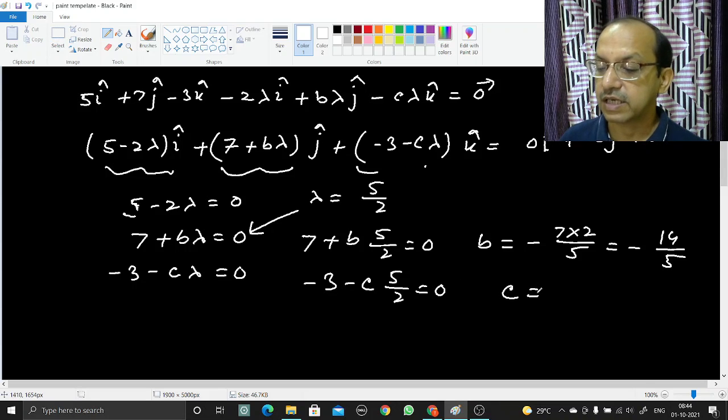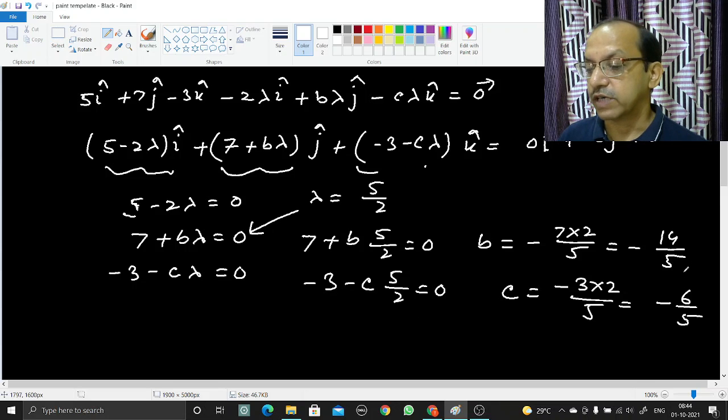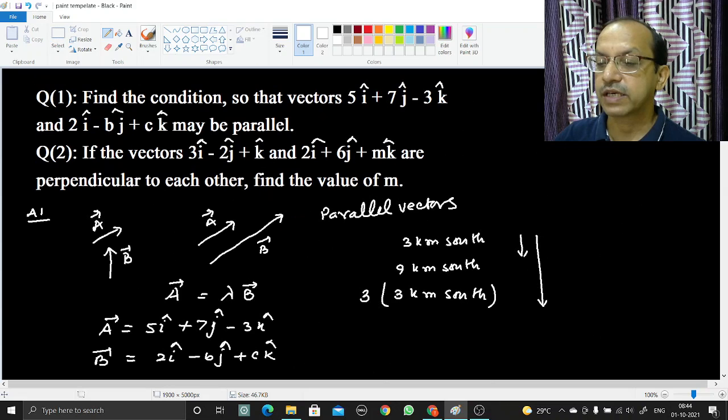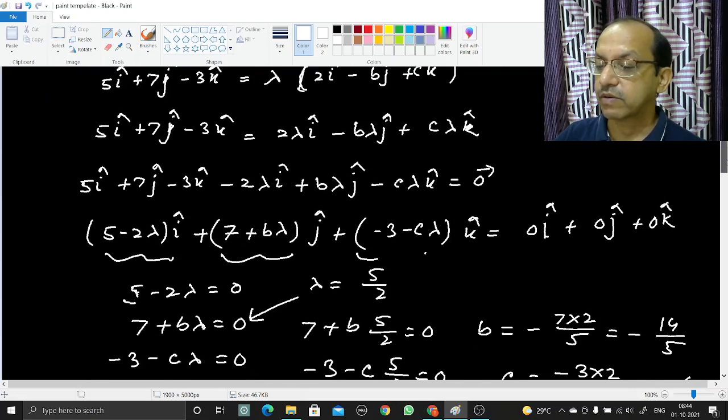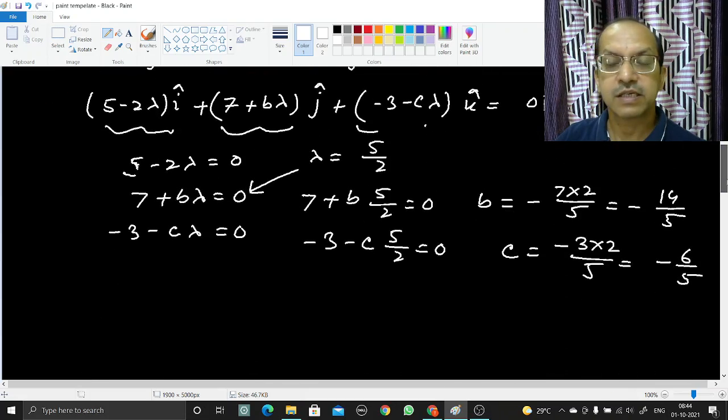That means c equal to minus 3 into 2 upon 5, that is minus 6 upon 5. So these two vectors will be parallel if b equal to minus 14 upon 5 and c equal to minus 6 upon 5.